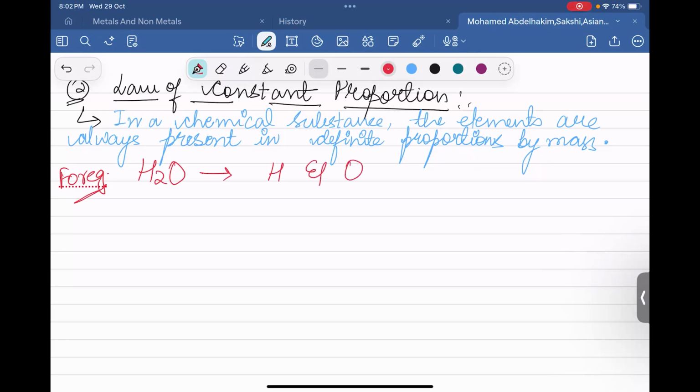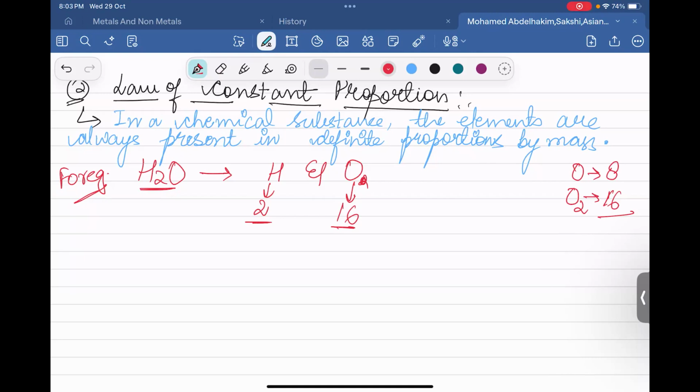H2O has hydrogen with a mass of 2 grams and oxygen with a mass of 16 grams, because oxygen's atomic number is 8 and oxygen is always diatomic, so 8 plus 8 is 16. Got it?